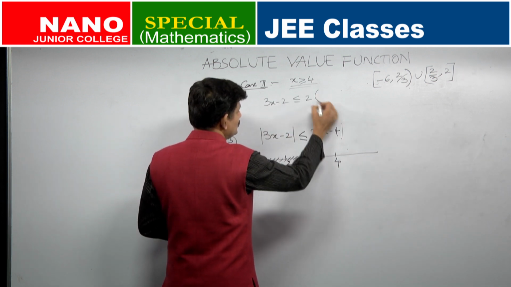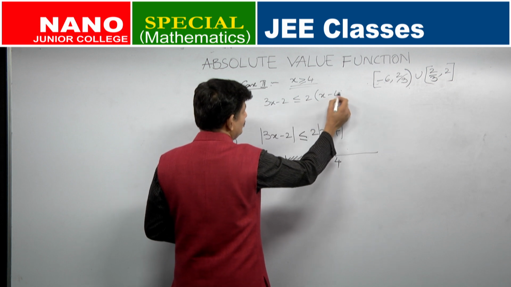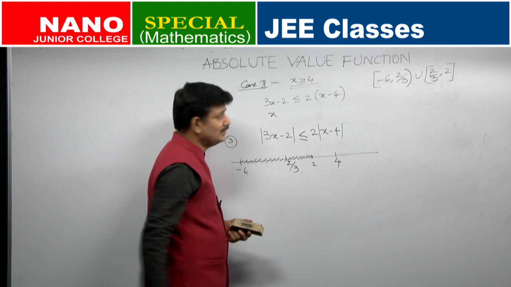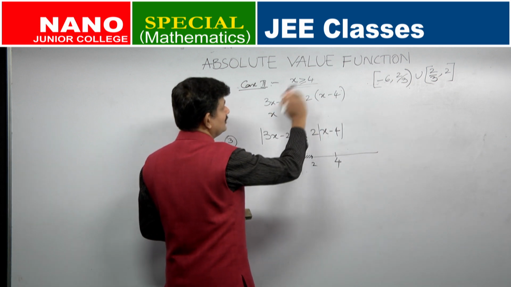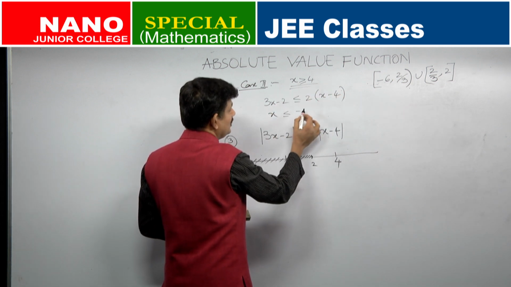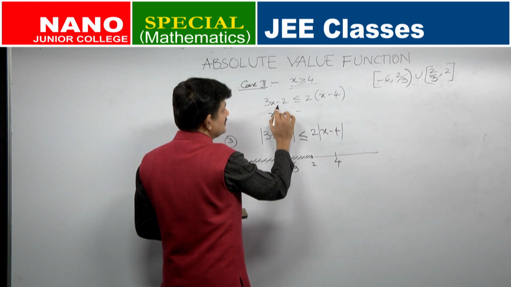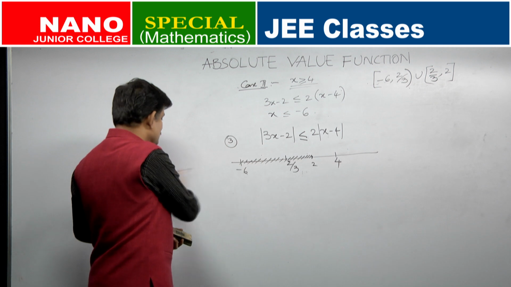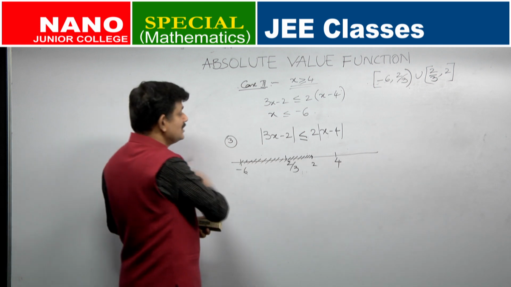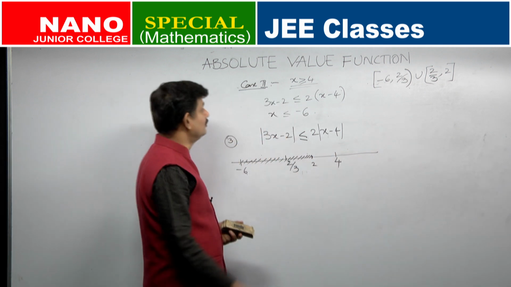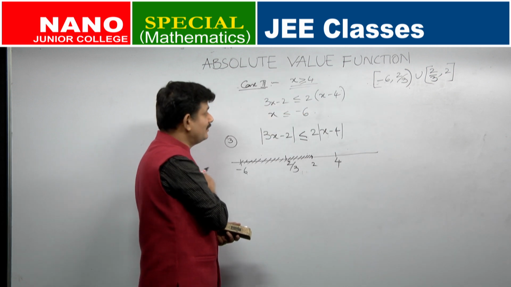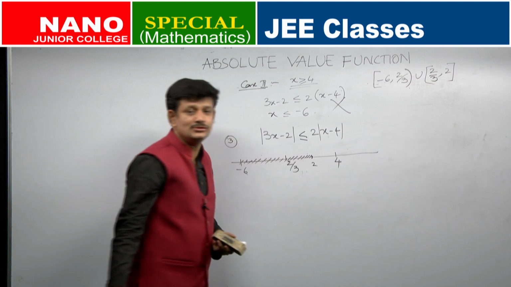So, this is less than 2 into mod x minus 4, which is x minus 4 itself. 3x, 2x, 1x remains, minus 8, x less than or equal to minus 8 plus 2, minus 6. X less than or equal to minus 6, what are we talking about? Numbers here, but which case are we talking about? X greater than 4. In x greater than 4, can x be less than minus 6? Never, right? So, you do not have any solution here.